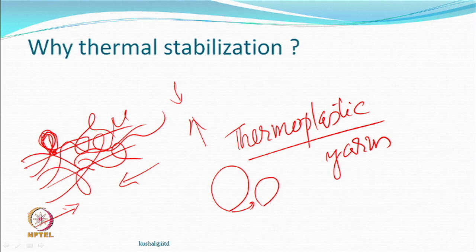But if there is something called an entanglement like this, it will also shrink and it will again become tighter. So, whatever you were trying to do with the mechanical stabilization, this will only be accentuated further.